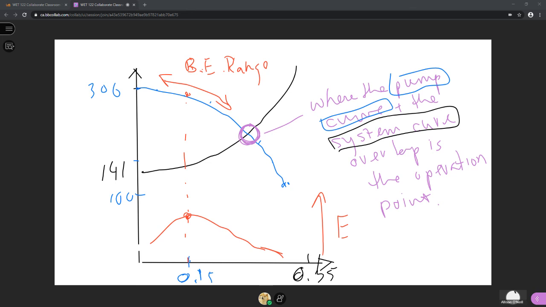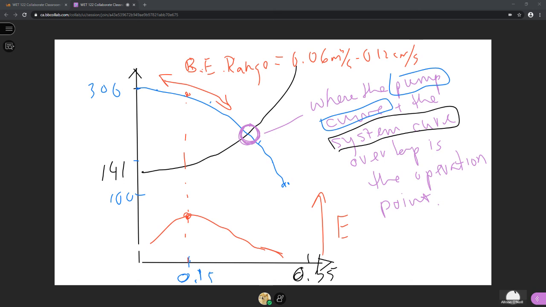Okay, so Sawyer says our best efficiency range is 0.06 cubic meters per second to 0.12 cubic meters per second.